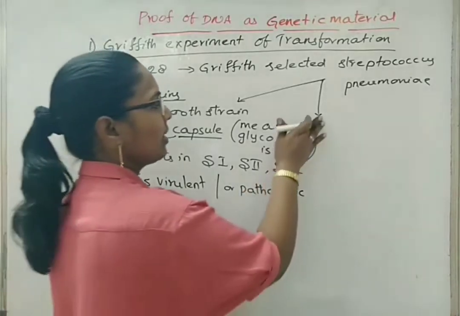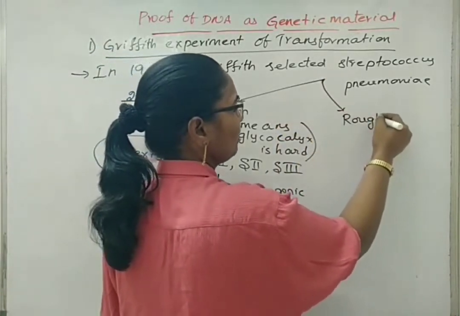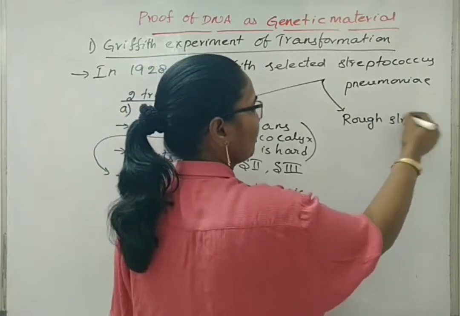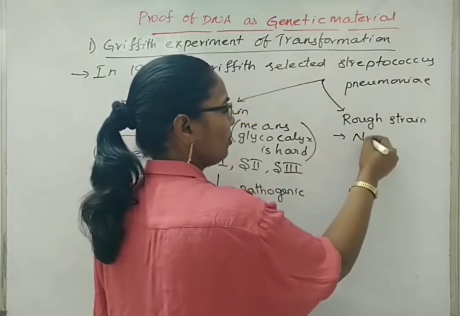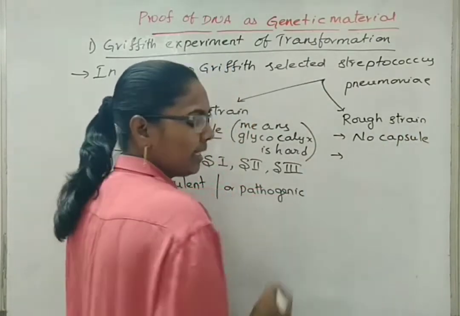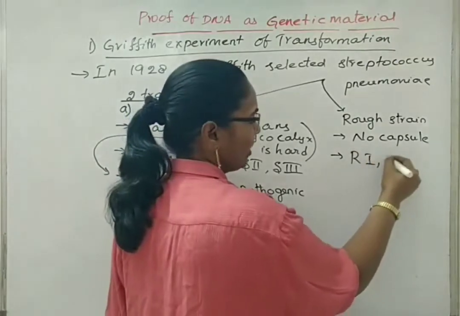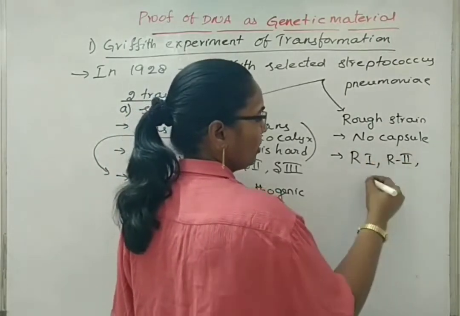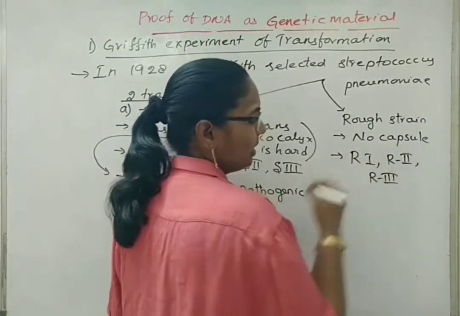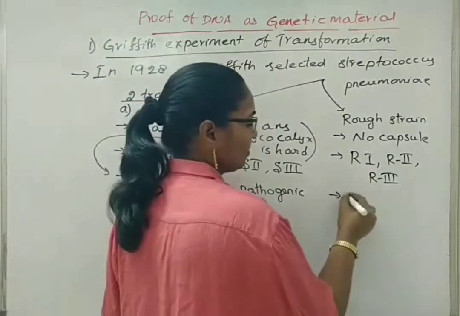Next, coming to the other type of strain, that is the rough strain. Rough strain has no capsule. It also exists in 3 different forms, rough strain 1, rough strain 2 and rough strain 3 types. These are non-virulent or non-pathogenic.